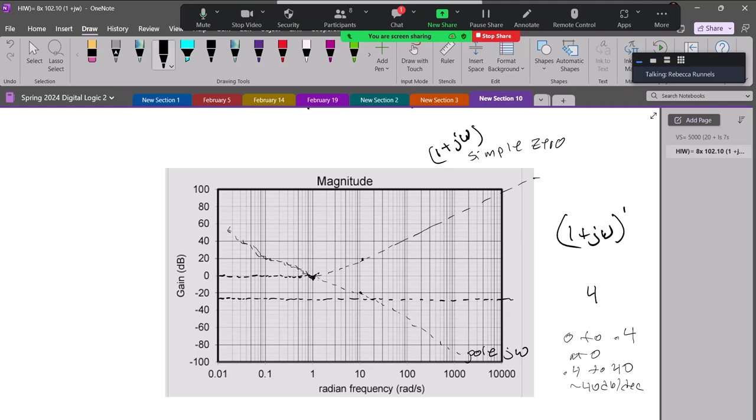And then once we get to 40, it's going to go back to 0.